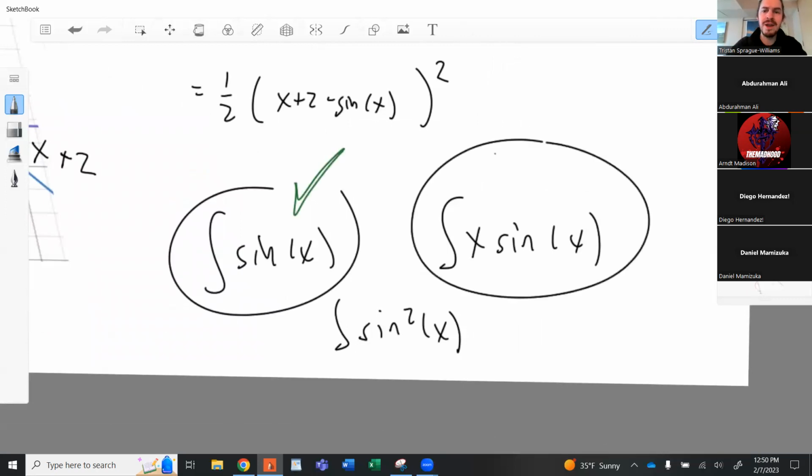This one, how do you integrate x times sine x? By parts. Yep. So we can do that one. And what about this guy? How would you do sine squared?